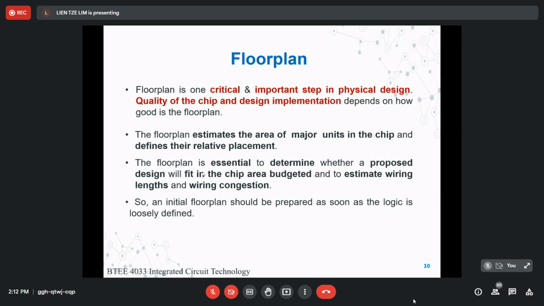The floor plan is essential to determine whether a proposed design will fit in the chip area budgeted and to estimate wiring lengths and wiring congestion. So an initial floor plan should be prepared as soon as the logic is loosely defined.